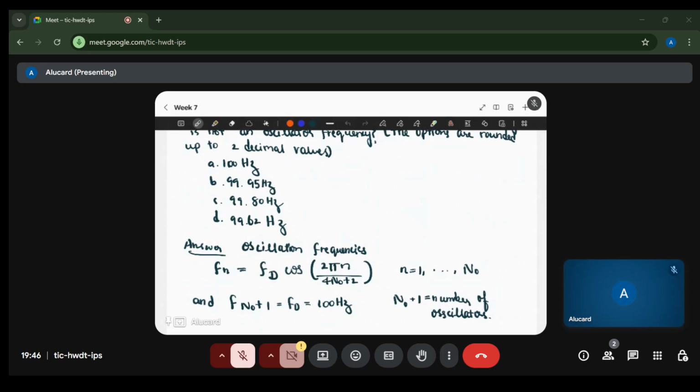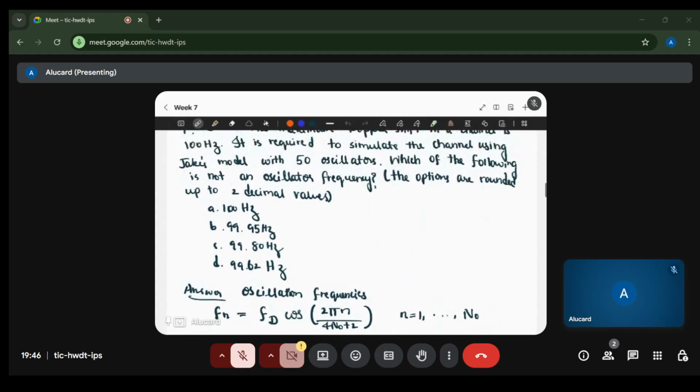Then you can substitute each of the options in place of fn and find out if the answer you get by solving the equation for small n is an integer or not. If n turns out to be an integer when you solve the equation, then that frequency is a valid oscillator frequency for the JX model.